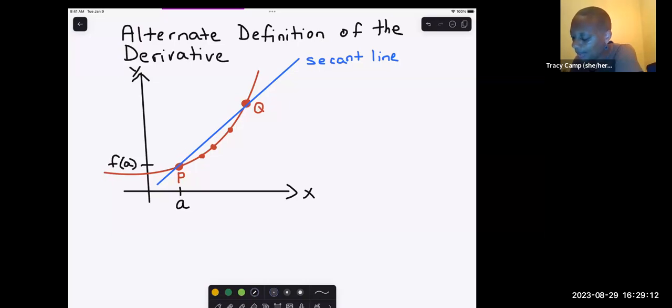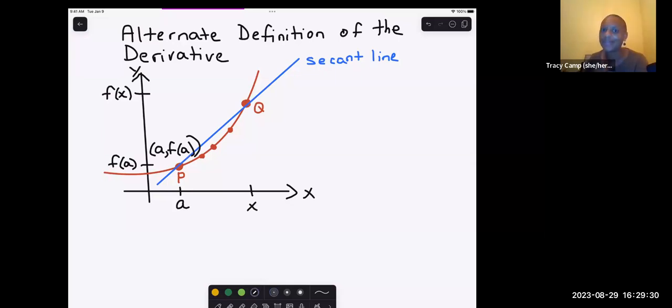So P has ordered pair A, f of a. And for Q, the ordered pair we refer to as x, f of x. So with the other definition, the ordered pair for P was x, f of x, and for Q was x plus h, f of x plus h. And here it's a, f of a for P, and for Q, x, f of x.